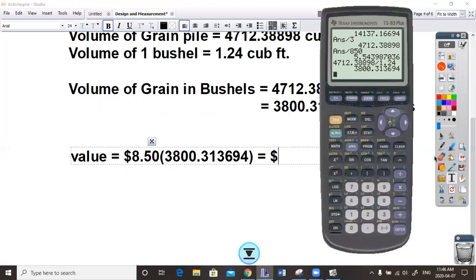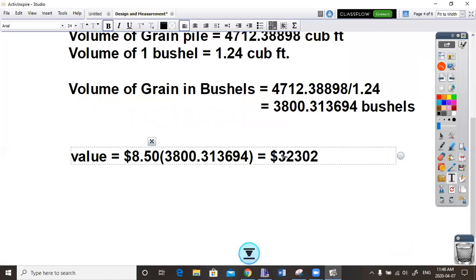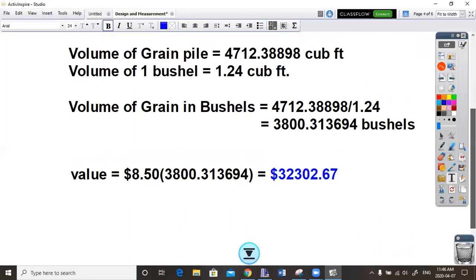So we take our number of bushels, 3,800, and multiply that by $8.50, and you get $32,302.67. So $32,302.67 would be the value of our grain pile.